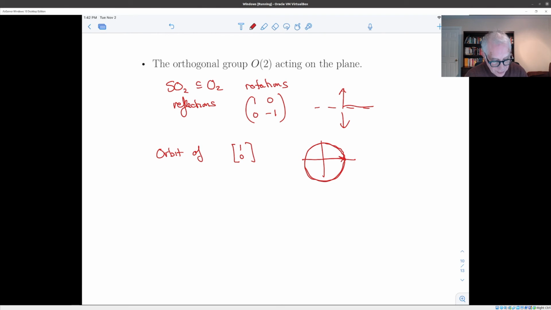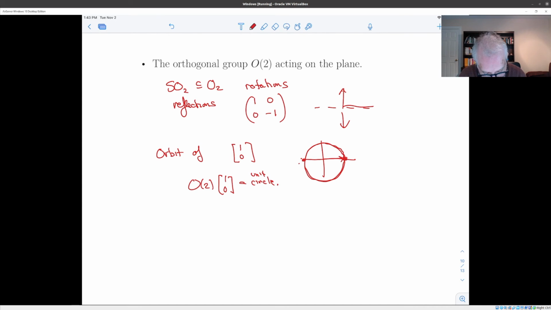And because reflection doesn't change the length of this vector, there may be some points within this orbit that get moved around, but it's still the same orbit. So the O(2) orbit of (1, 0) is the unit circle.